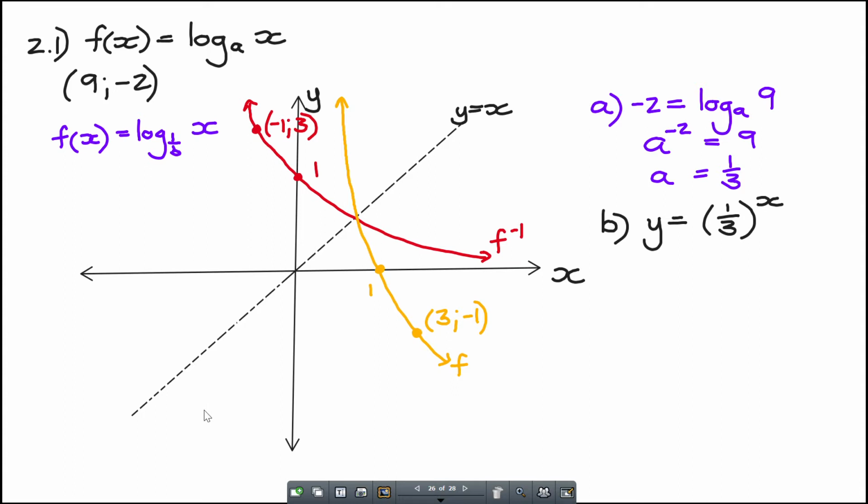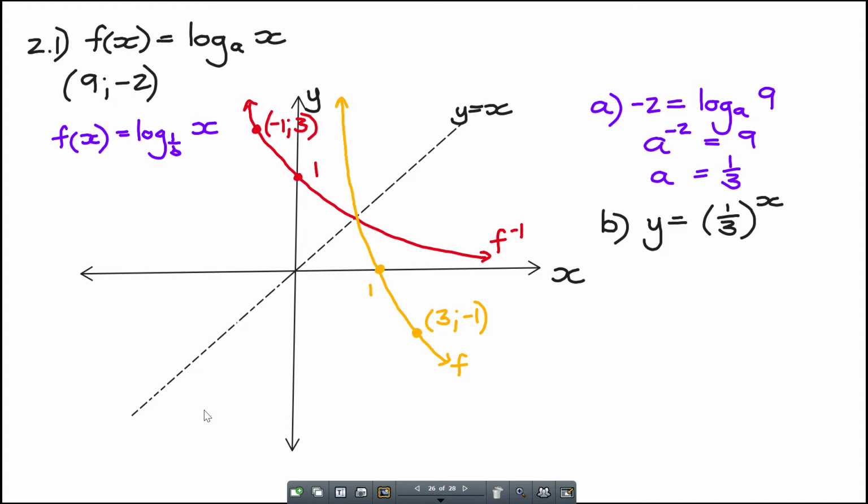D. Ask, excuse me. D says the equation of the function g(x) if g(x) is symmetrical to f(x) where the x-axis is the symmetry line. Okay, so if the x-axis is the axis of symmetry, it means it's flipping or reflecting around the x-axis, right?